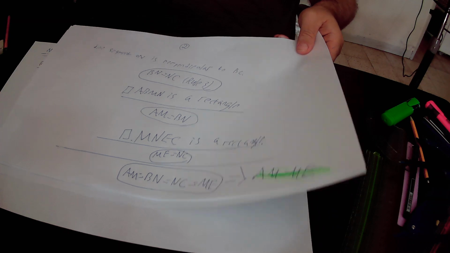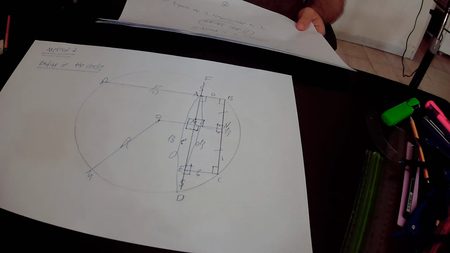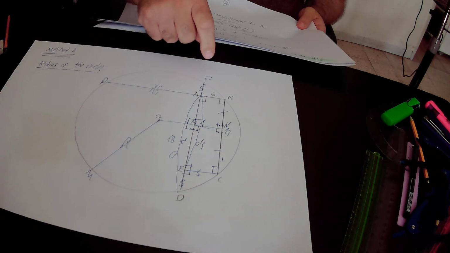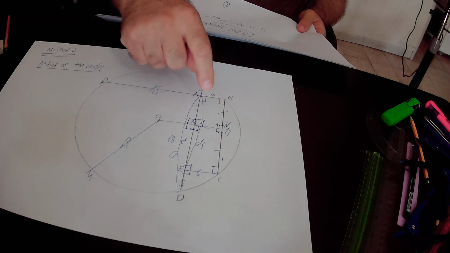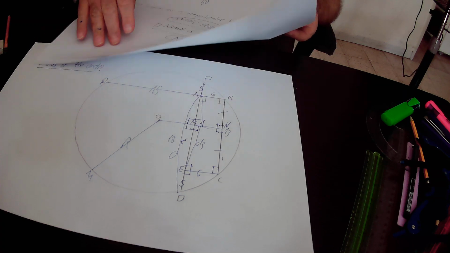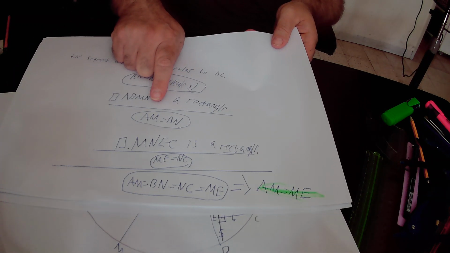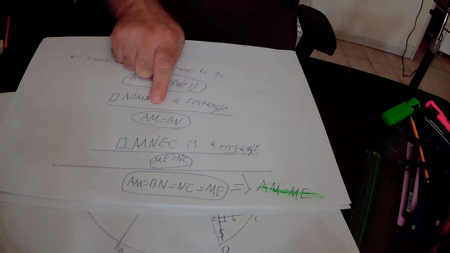Why? Because it has 4 right angles. And we know that the opposite sides of a rectangle are equal to each other. That is to say BN equals AM, according to the rule that the opposite sides of a rectangle are equal to each other.